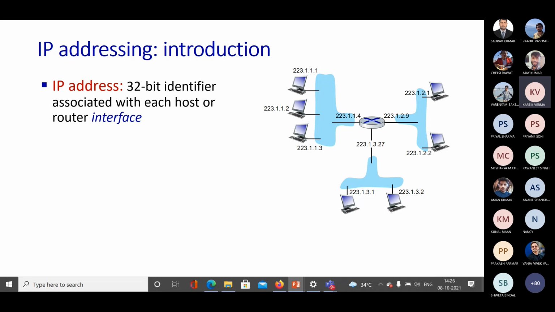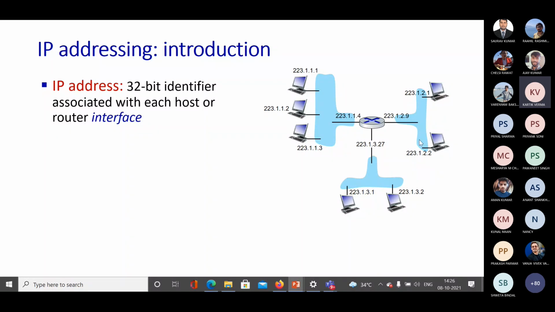A lot of information is associated with just these 32 bits. We will see all of this in this chapter. You see all of these things as decimals, right? 223.1.1.1. But essentially your datagram or your system is looking at this as a 32-bit identifier.